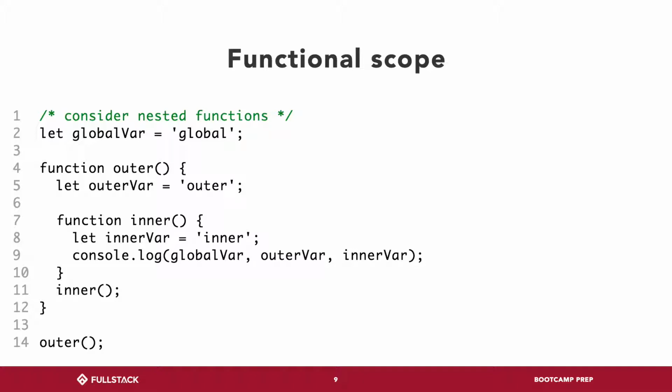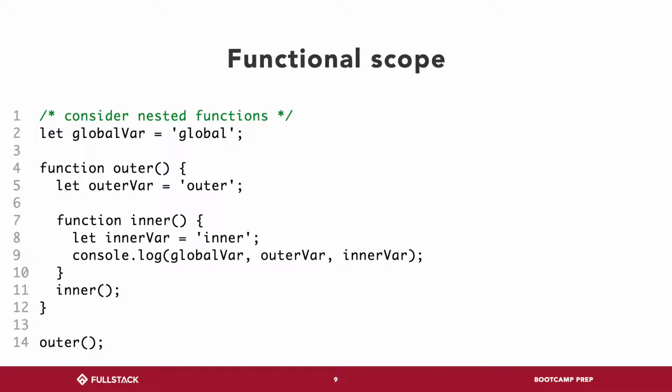So here we have our inner function, and as I said before, outer functions don't have access to inner locally scoped variables, but the innermost function will have access to all the variables outside of it. So it works inside out. I would start by looking at the innermost function.